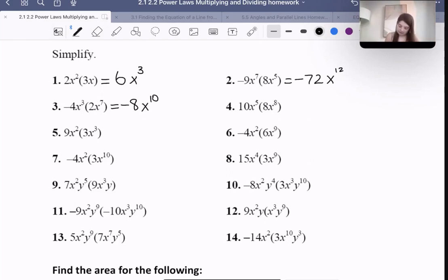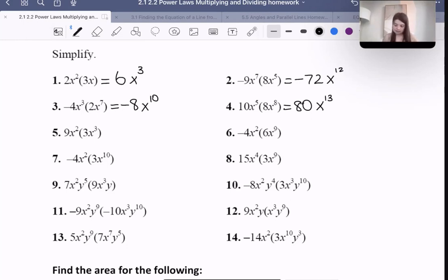Okay, the next one, 10x to the power of 5 times 8x to the power of 8. All right, so what's 10 times 8? Well, that would be 80. And then we have x to the 5 times x to the 8. That would be x to the power of 13. Very good.